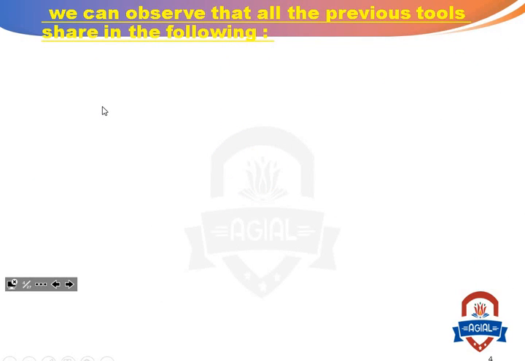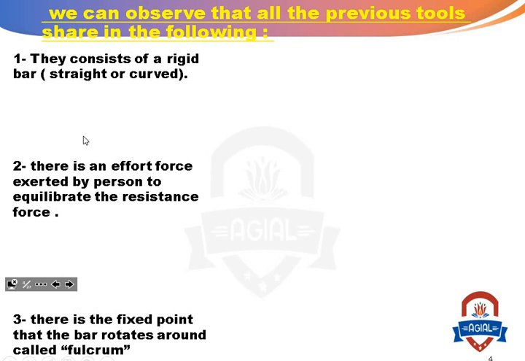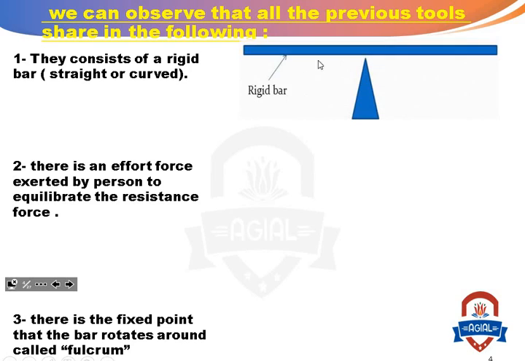We can observe that all the previous tools share the following. First, number 1, they consist of a rigid bar. The rigid bar can be straight or curved, like this. So, this is the rigid bar.